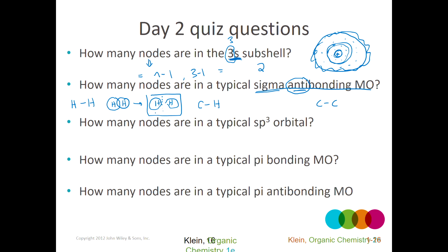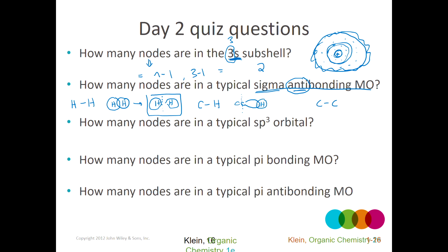For the carbon, now that we've talked about hybridized orbitals, if we assume this carbon is sp3, it would already have a larger lobe and a smaller lobe. We saw the shape of the sp3. There's already a node there, and the hydrogen would overlap there.